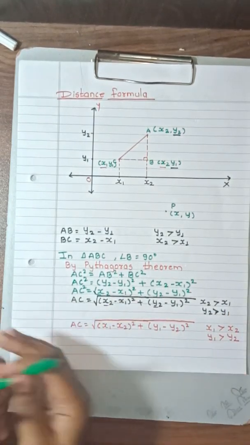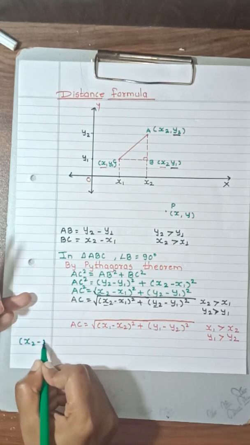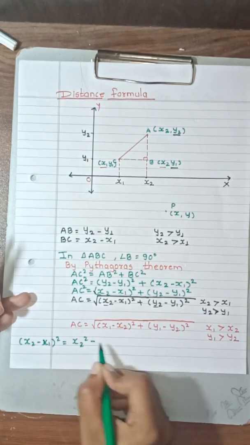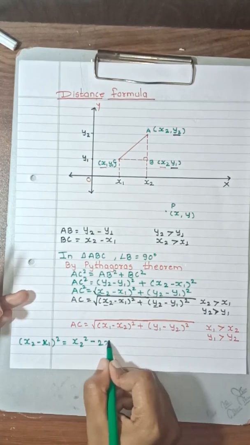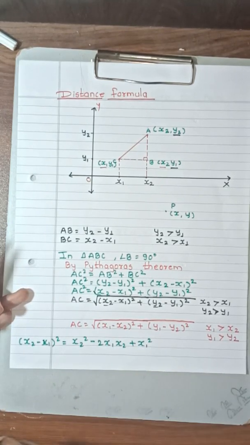Now suppose I show you here, if I take (x2 minus x1) bracket square, it will be x2 square minus 2x1x2 plus x1 square.